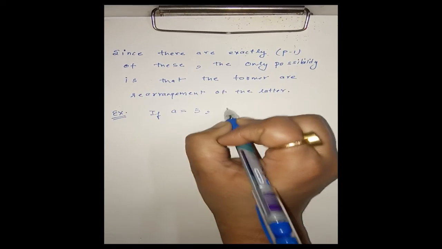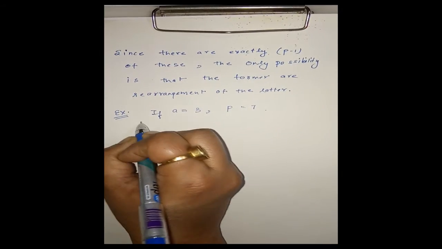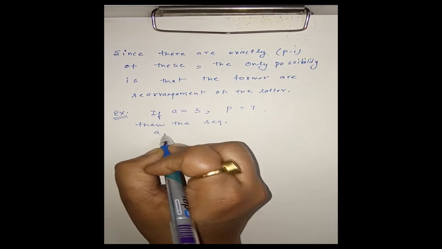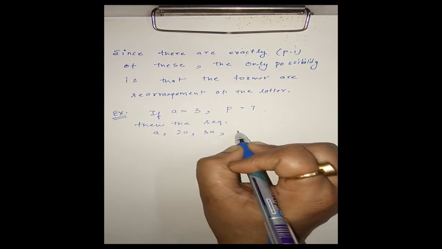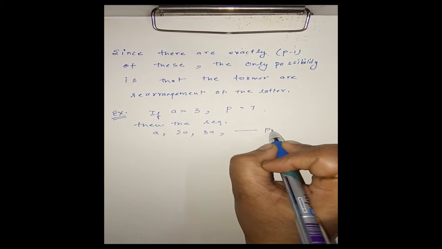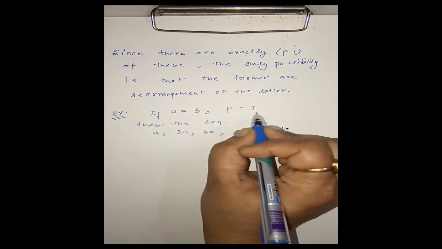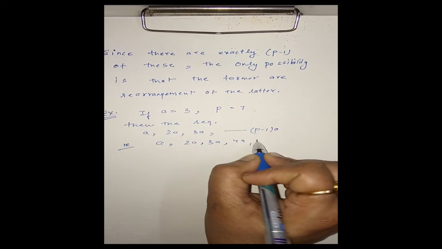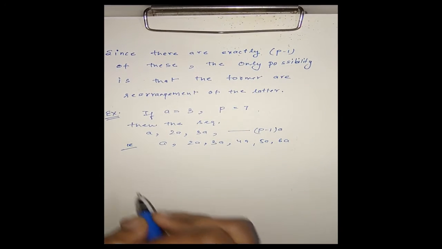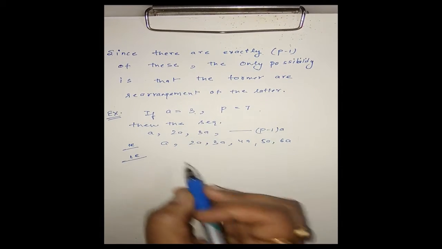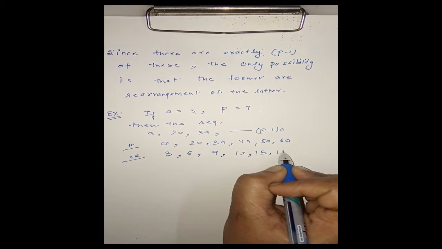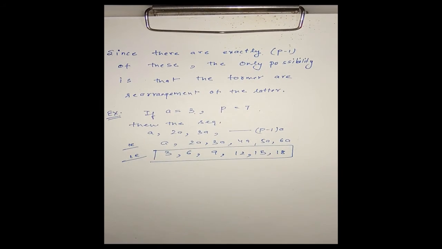If a is 3 and p is 7, then the sequence a, 2a, 3a up to p minus 1 times a, here p is 7, that is a, 2a, 3a, 4a, 5a, 6a. Taking a to be 3, here 3, 6, 9, 12, 15, 18. This is my first sequence.